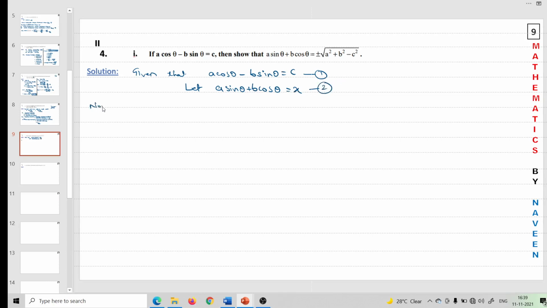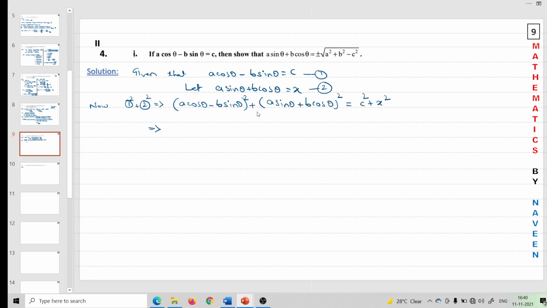Now, equation 1 whole square plus equation 2 whole square gives A cos theta minus B sin theta whole square, plus A sin theta plus B cos theta whole square, is equals to C square plus X square.